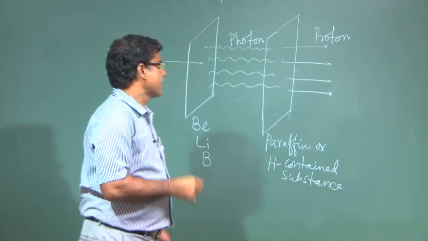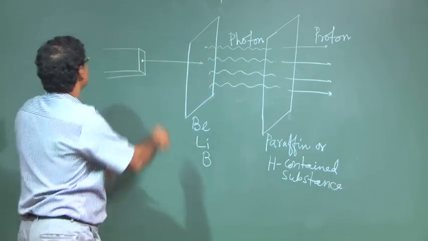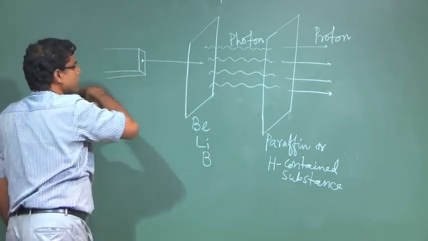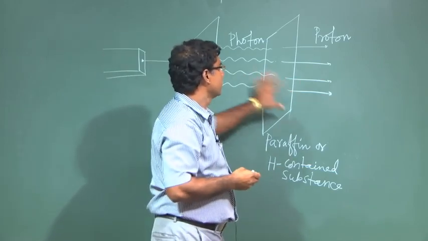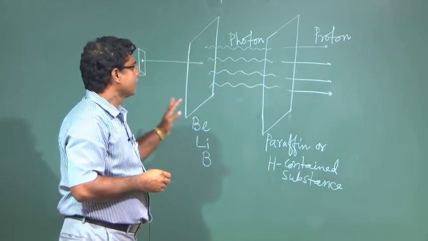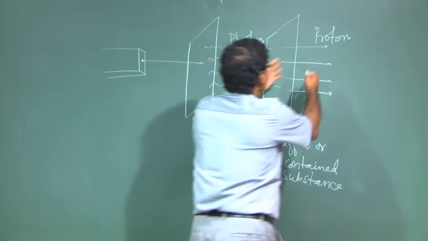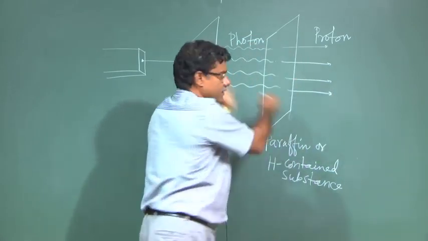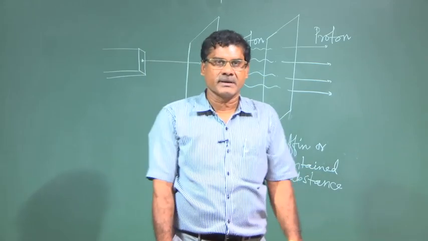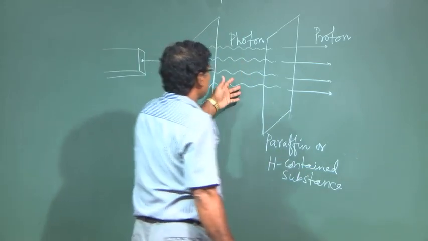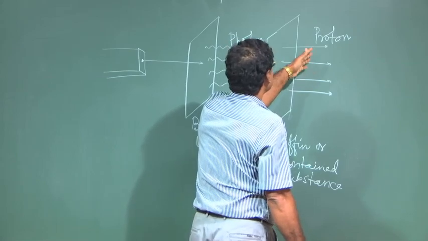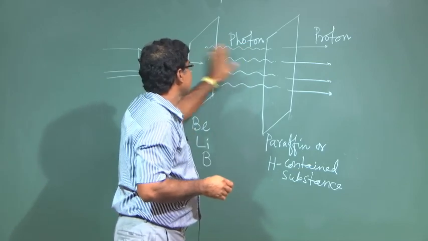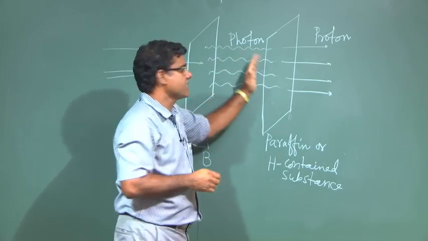So, in 1932 Irene and Curie extended the experiment of Bothe and Becker, and they didn't think about the radiation which is coming out from the beryllium.